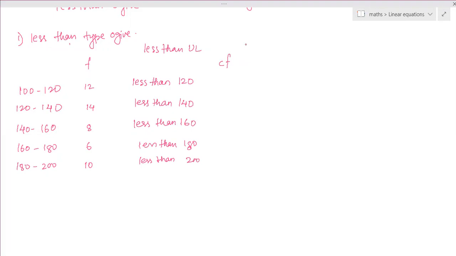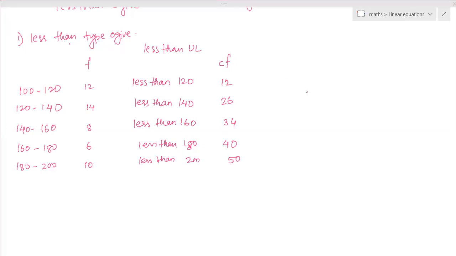The frequency is 12. Then less than 140 means including 100 to 140, the addition of those, 26. Less than 160 means addition of all three, that is 26 plus 8, which is 34. Then less than 180 means 40, and finally 50.